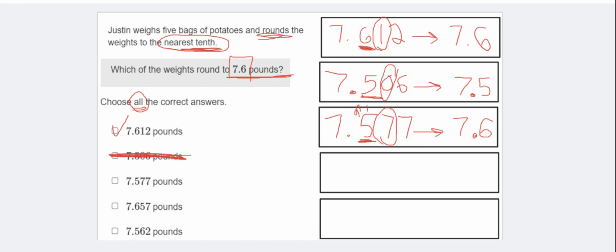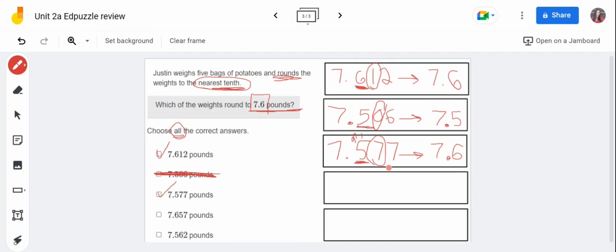And I can double check. Did that round to 7 6/10? Yes, it did. I'm going to check it off. I also could double check by adding 2 zeros after. 577 is really close to 600. So I know that I rounded correctly.